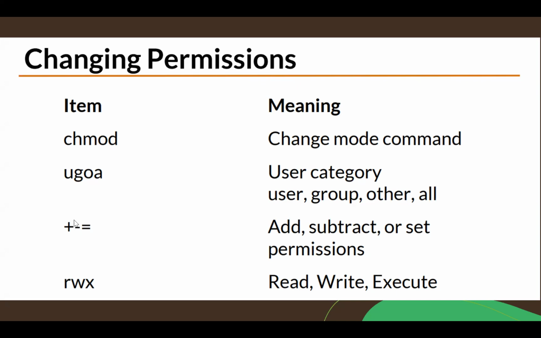For example, if you want to add a read permission for the user, you can use these operators like u plus r, which means we are giving read permission to the user. I'll show it in practical.